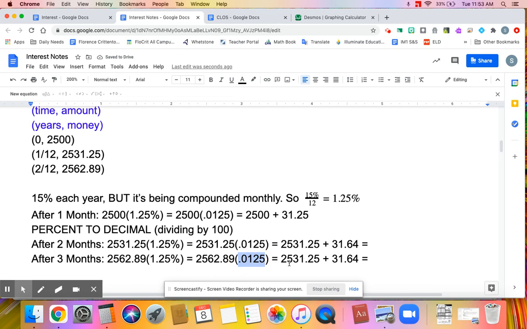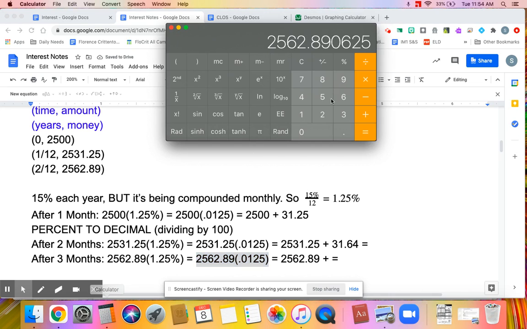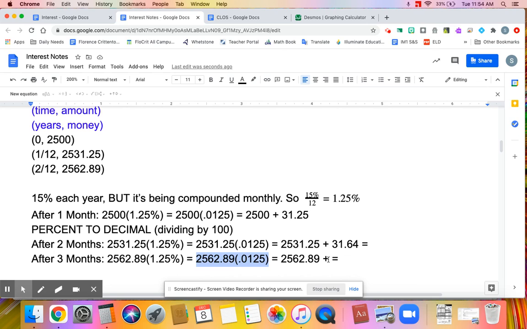Turn that into a decimal. And so this much, my new amount, is how much I'm going to add to my interest once I figure out what my interest is. So to figure out that interest, I'm going to multiply here. I'm going to take this and times it by 0.0125. To figure out the interest I'm earning now is $32.03.